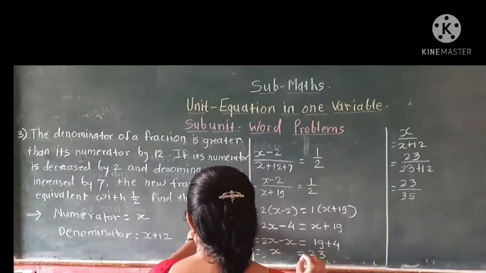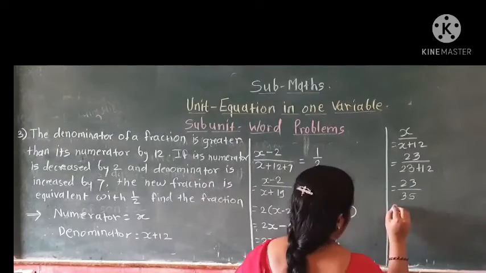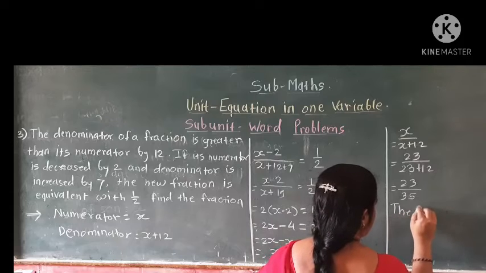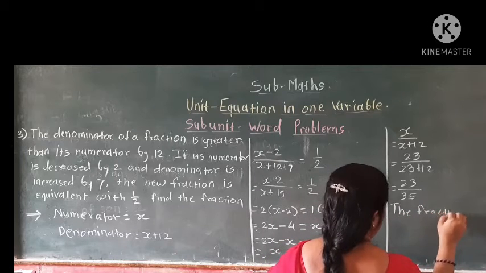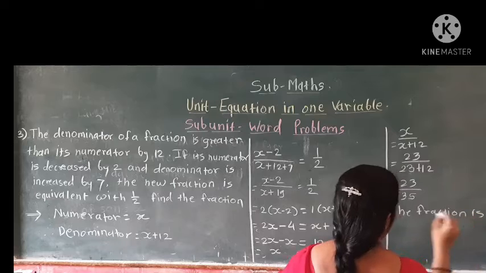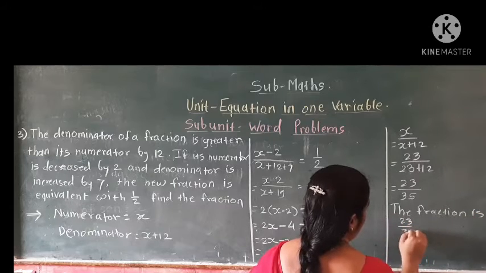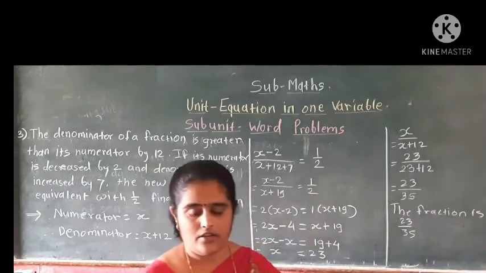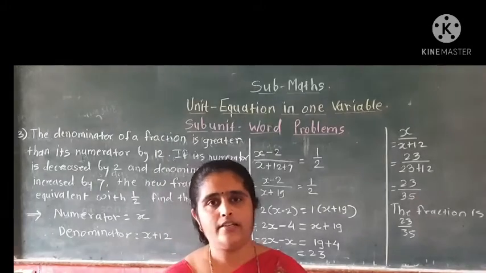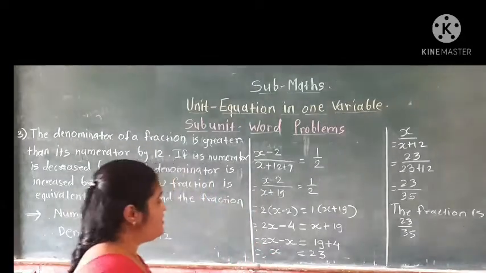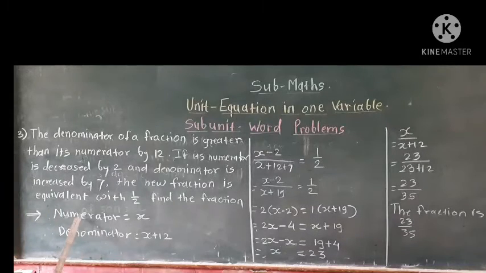The given fraction is 23 divided by 35. Okay, let's see the example again. Here we first consider the numerator as x, then the denominator is x plus 12 because the denominator is greater than the numerator by 12.